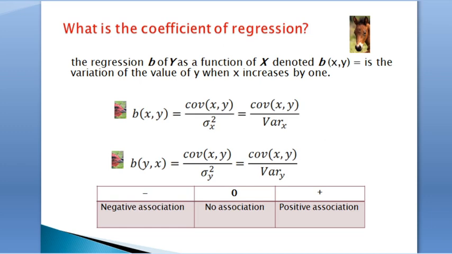So null regression means no association, and positive regression also means positive association. So we see that correlation coefficient and regression coefficient almost have the same meaning, but the estimate is different.